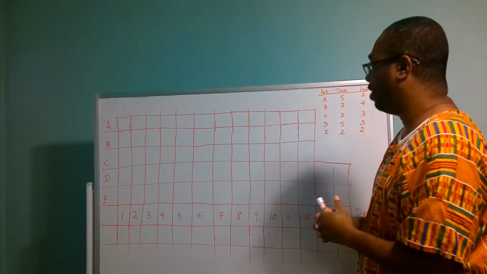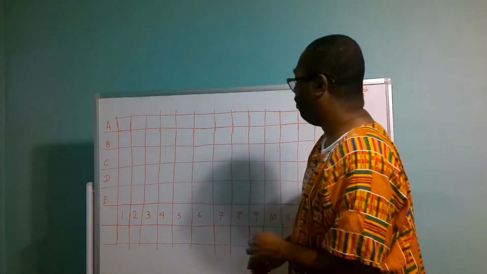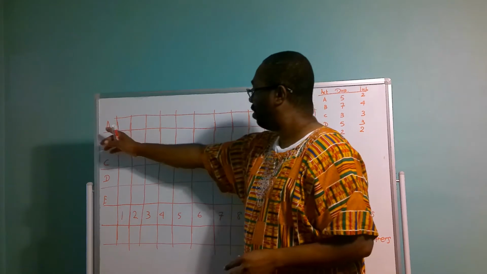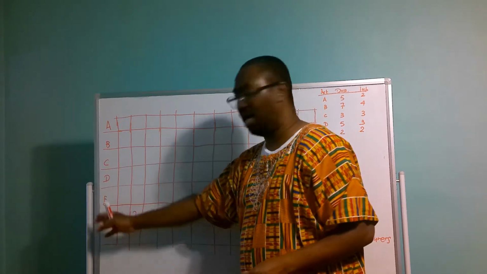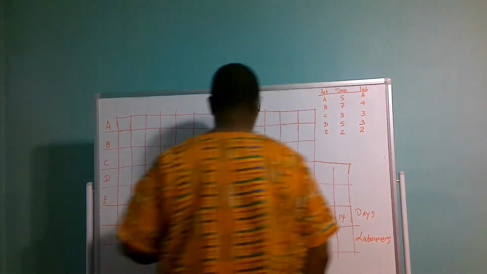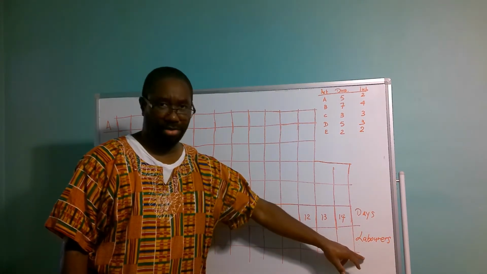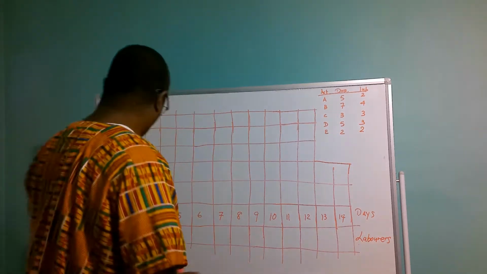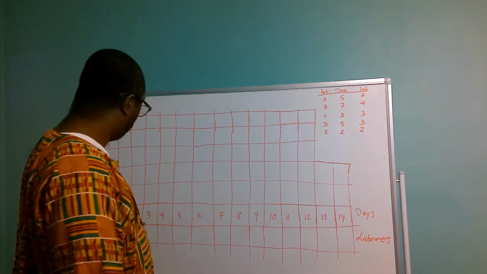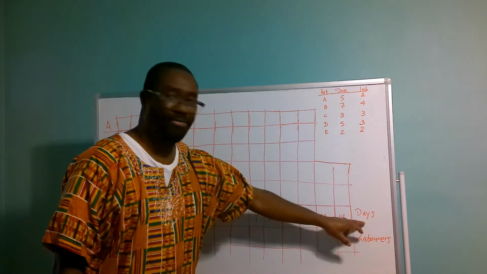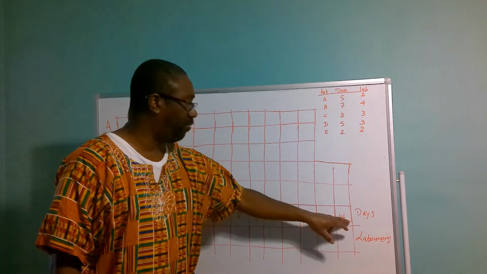If you notice the chart on the extreme left, you have the activities A through to E, and on the right, we have days and we have laborers. The days go up to 14 days. We have day 1, 2, 3, 4, 5, right up to 14 days.